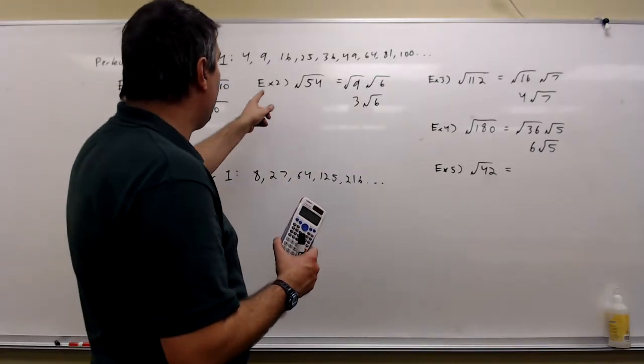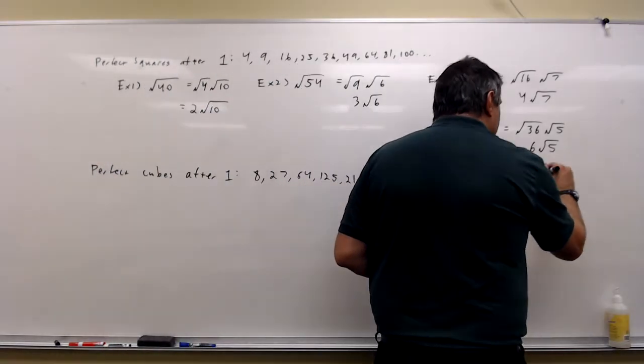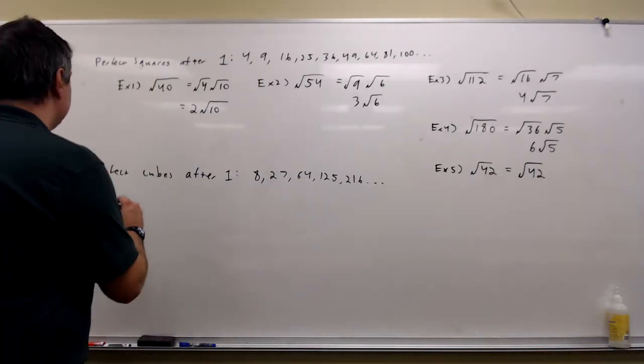And 25 is over halfway there. So it's just simply the square root of 42.